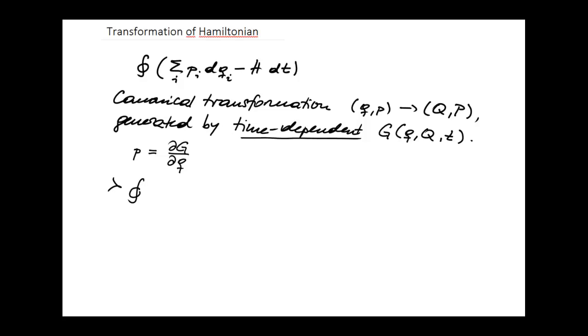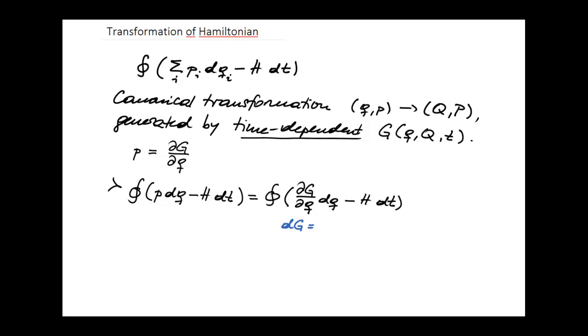And so we start from p dq minus Hamilton function dt. We express the little p, the momentum, as partial of g with respect to q dq minus Hamilton dt.